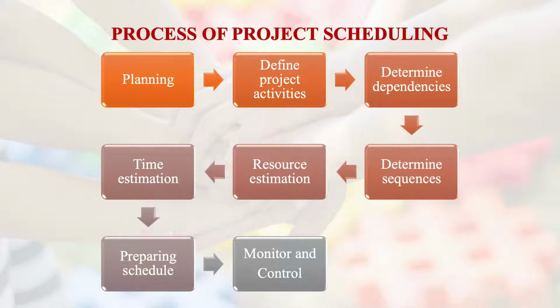Then the time estimation of various activities, leading to preparing of the schedule, and finally this process will be summed up with the monitoring and control activity, because that is part of a complete project management scenario.